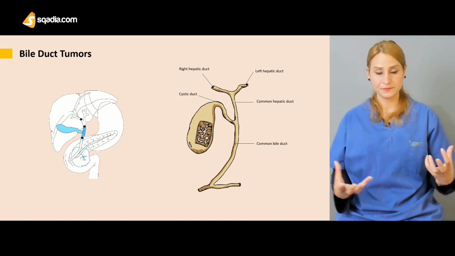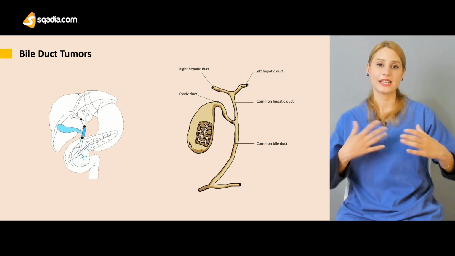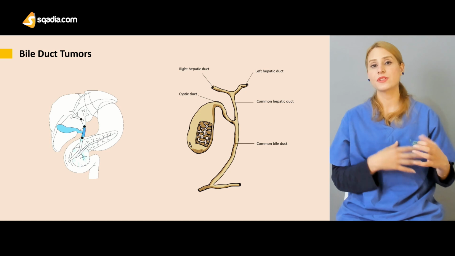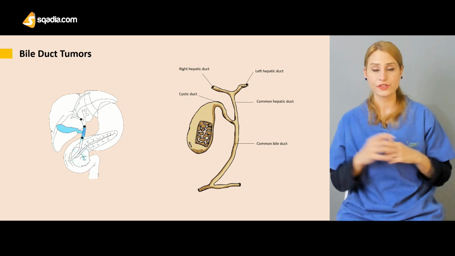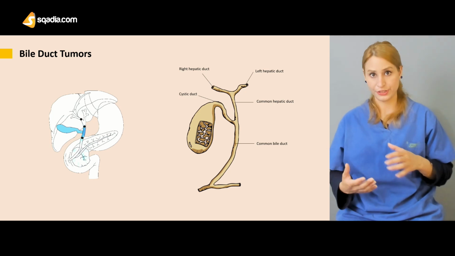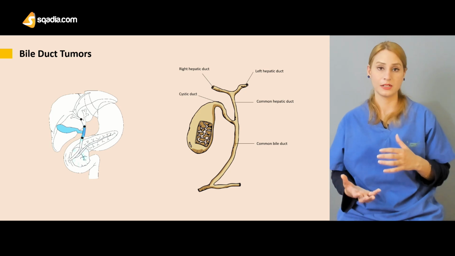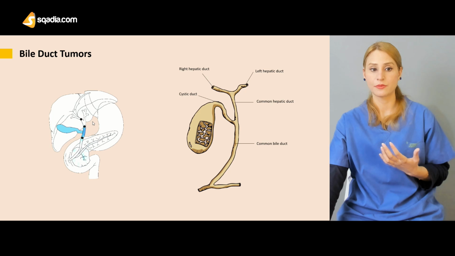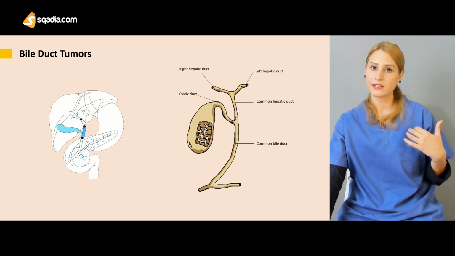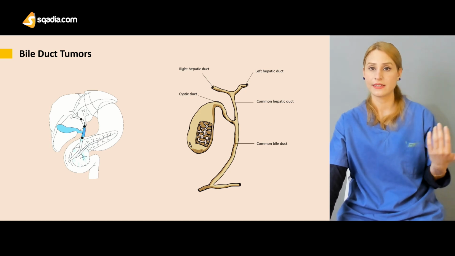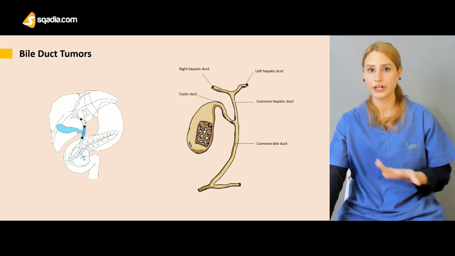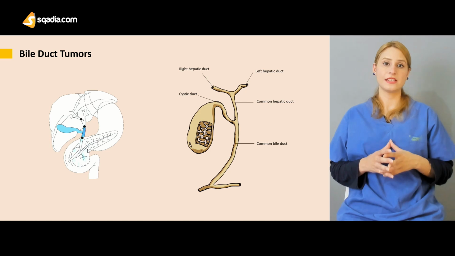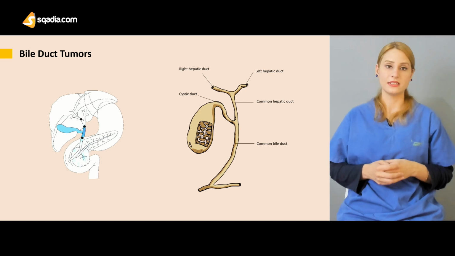But there is another division which categorizes them into three categories. One is the intrahepatic, involving the intrahepatic ductal portion, and then we have the hilar, or perihilar, cholangiocarcinomas. This is the part involving the confluence of the right and left hepatic ducts and some part of the common hepatic. And then the distal cholangiocarcinomas, which involve the common bile duct.